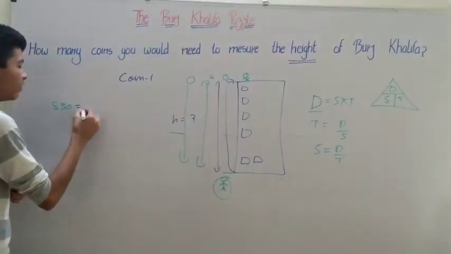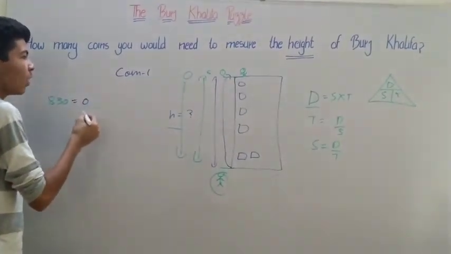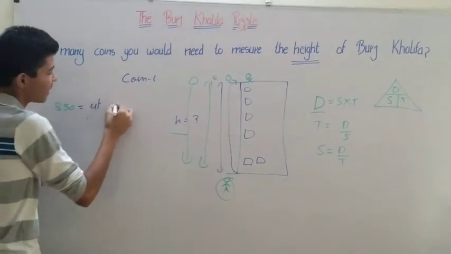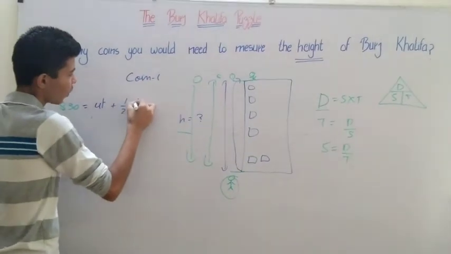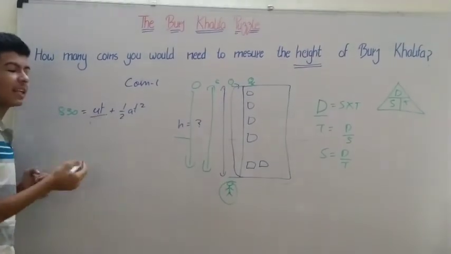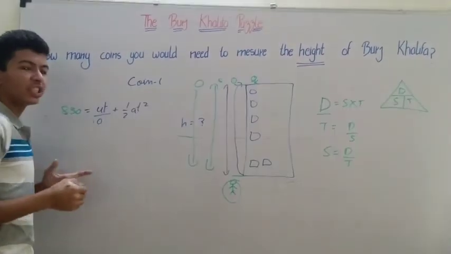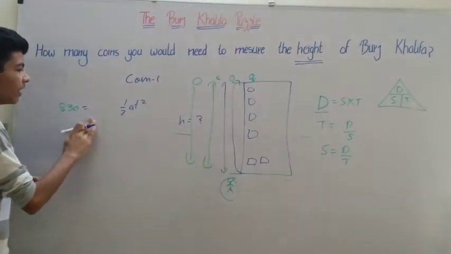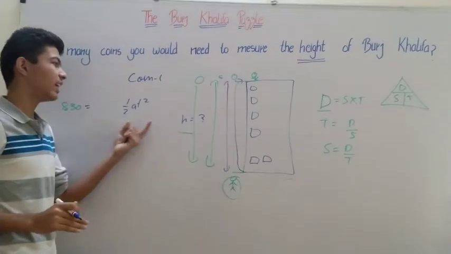We know the initial velocity is 0, so in ut plus half at square, the ut term cancels out and we are left with half at square.